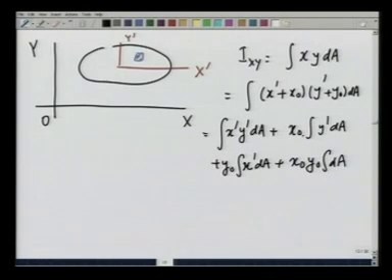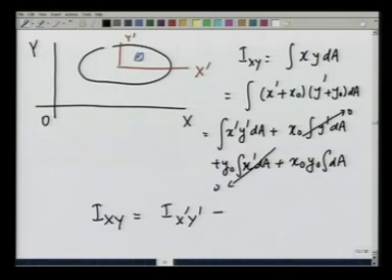Again, by the arguments that we have used earlier, these two terms drop to 0, and therefore I_xy is equal to I_x'y' plus x_0 y_0 times the whole area.